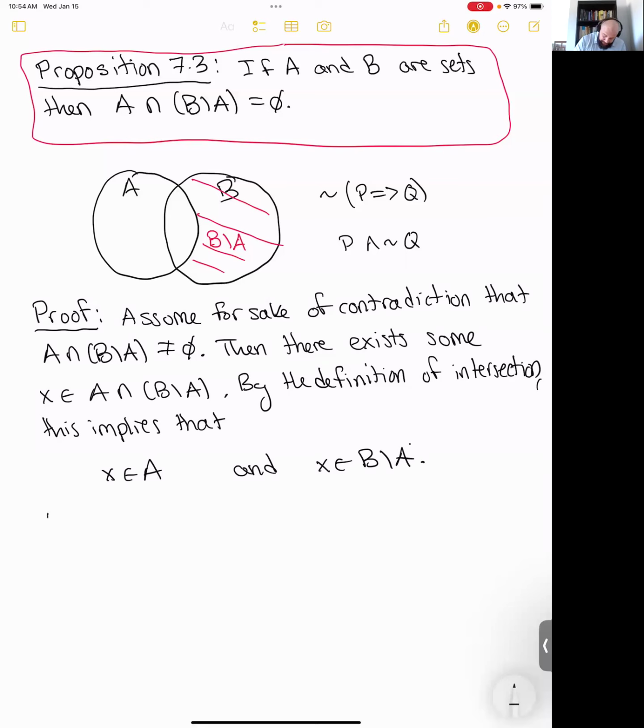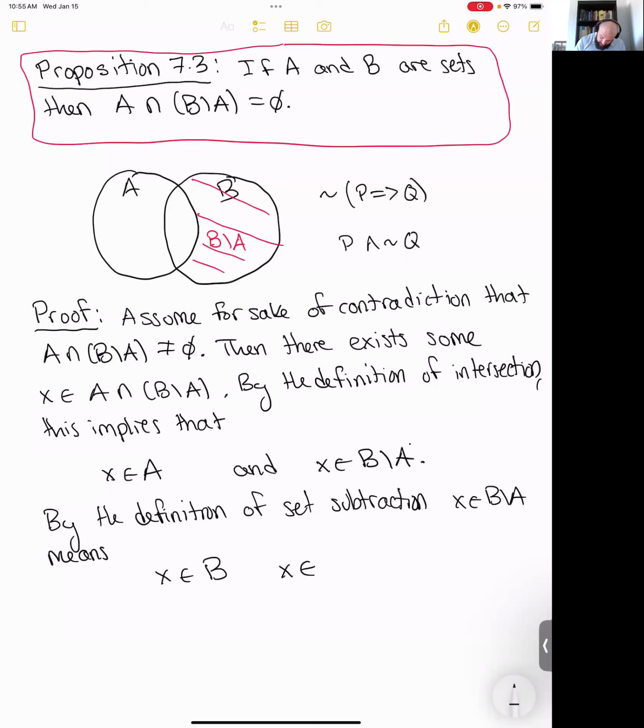Now by the definition of set subtraction, x in B set minus A means that x is in B and x is not in A, right?